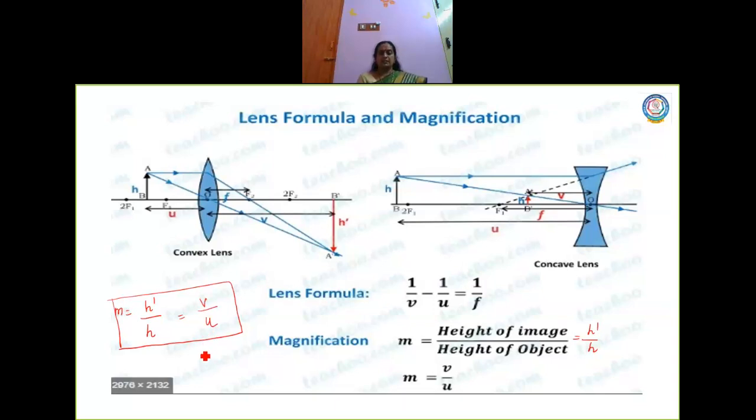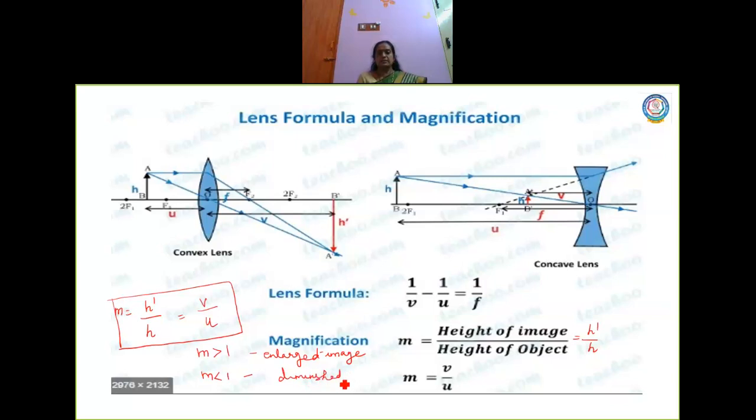If the magnification is greater than 1, you will get an enlarged image. If the magnification is lesser than 1, you will have a diminished image.